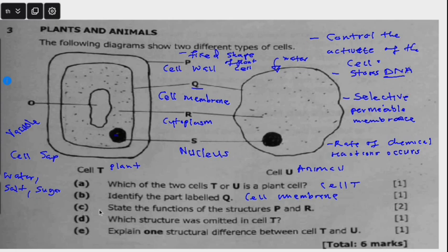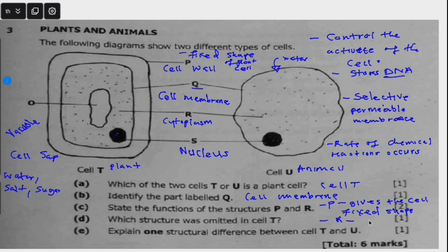Then question C is saying state the functions of the structures P and R. So what is P? P is the cell wall and R is the cytoplasm. Like I said, for P, it gives the plant cell its fixed shape. Then when it comes to R, R is the cytoplasm.